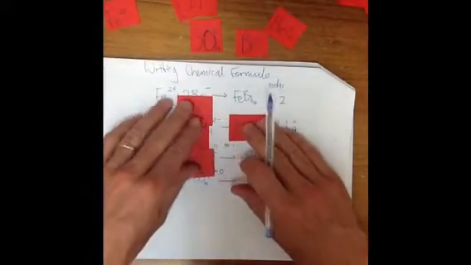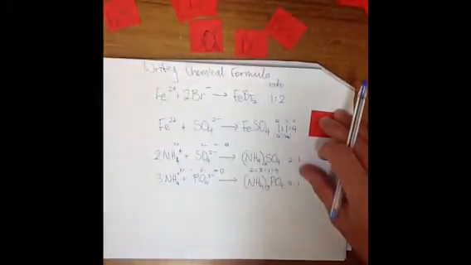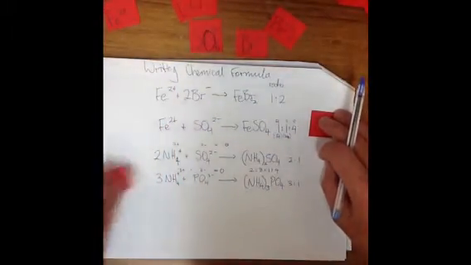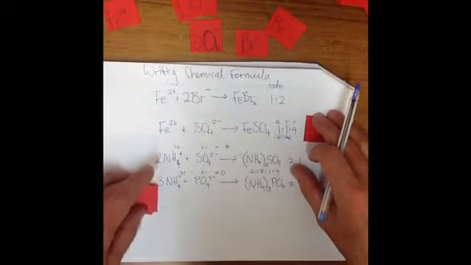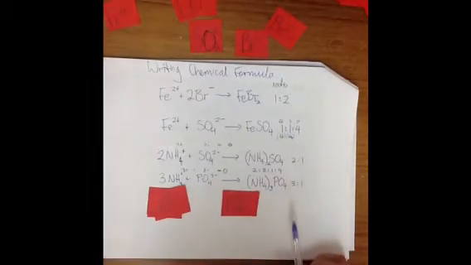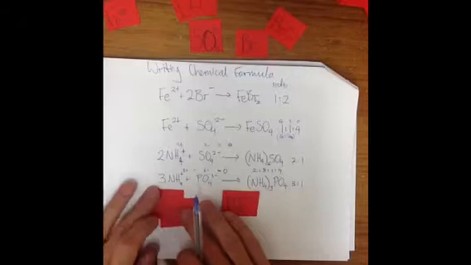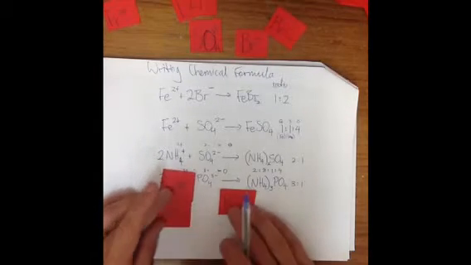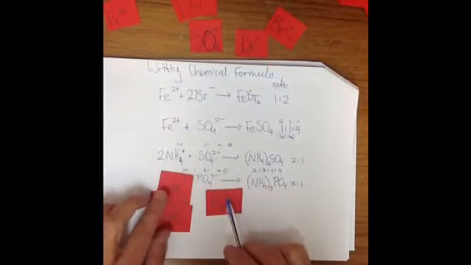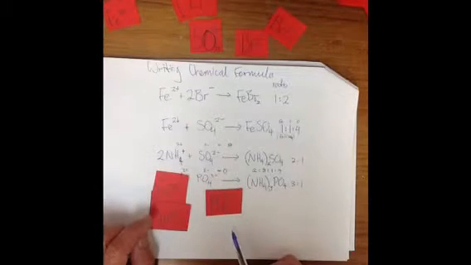Let's try one more example. In this case, I'm going to combine tin, which is Sn2 plus, with a PO4 3 minus. Now in this case, a 2 and a 3, if I have 2 2 pluses, that's not going to balance. That's going to be a 4 plus with a 3 minus.